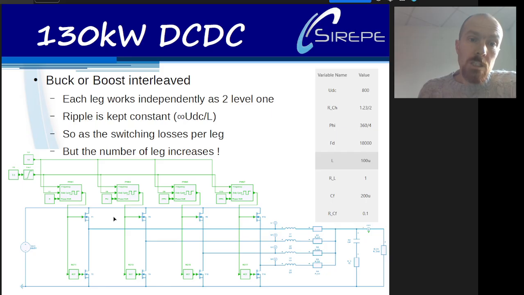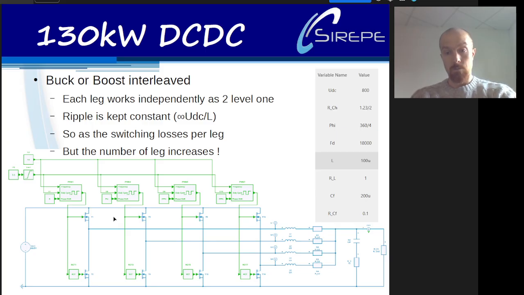But each leg works independently as a two-level one, and the ripple in the inductors is kept constant, proportional to the DC voltage divided by L. So the switching losses in the semiconductors tend to be constant because the high frequency ripple is dominant in the switching losses.